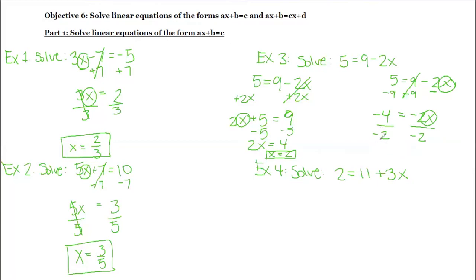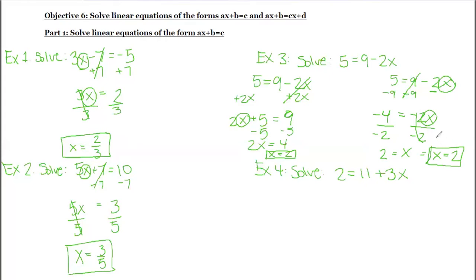So negative 4 divided by negative 2 is positive 2. And over here, negative 2 over negative 2 is just 1. So we have x, and you can rewrite it as x equals 2. And boom. So you can get there both ways.